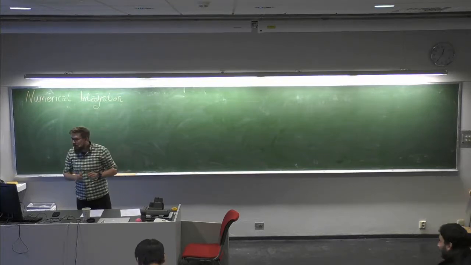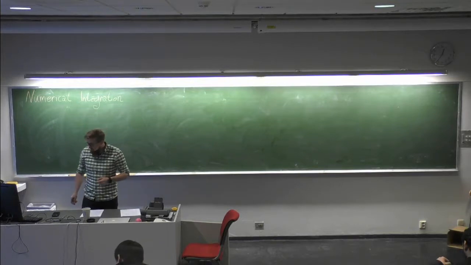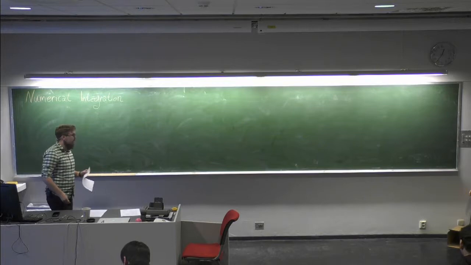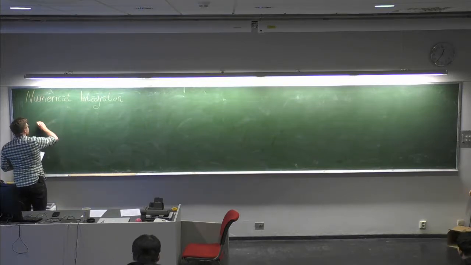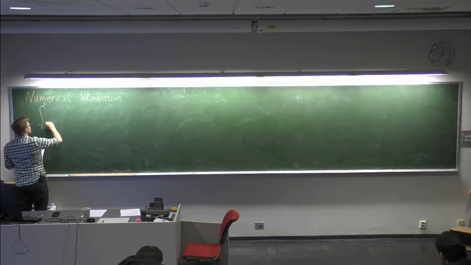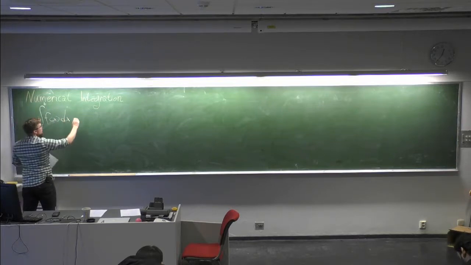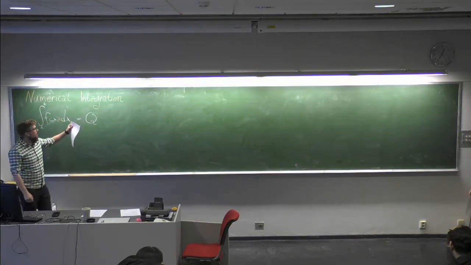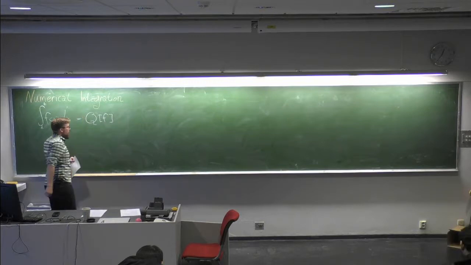So we finished the numerical differentiation. Now it's numerical integration. In the most general sense, we want to solve some kind of integral from a to b of the function f of x dx with some kind of quadrature of the function f.